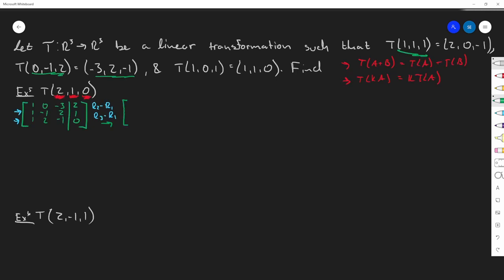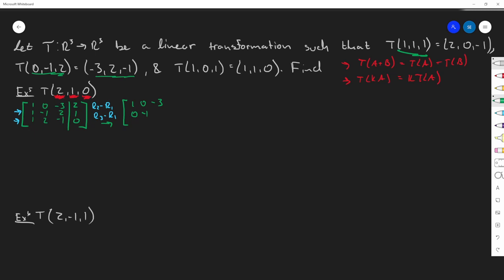That will give us the first row being untouched. The second one will be 0, -1, and then this would be 2. 2 plus 3, 1 minus 1, -1, 0.